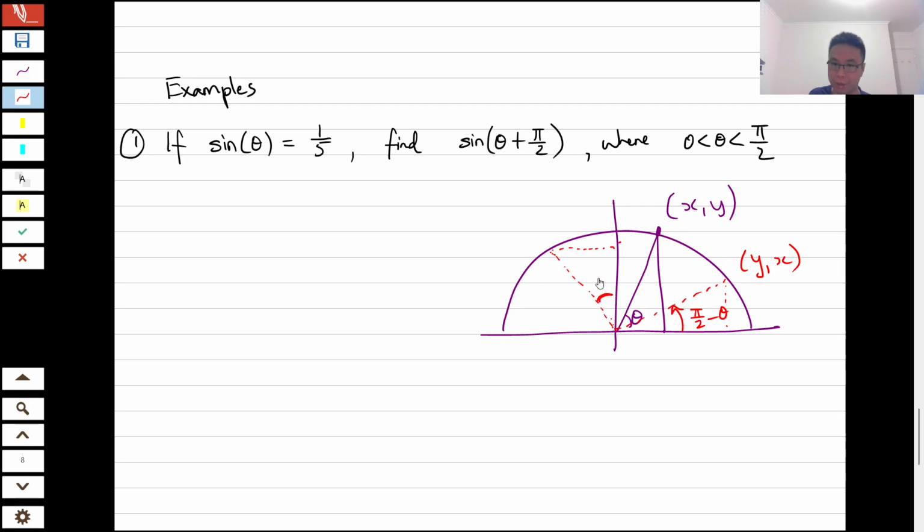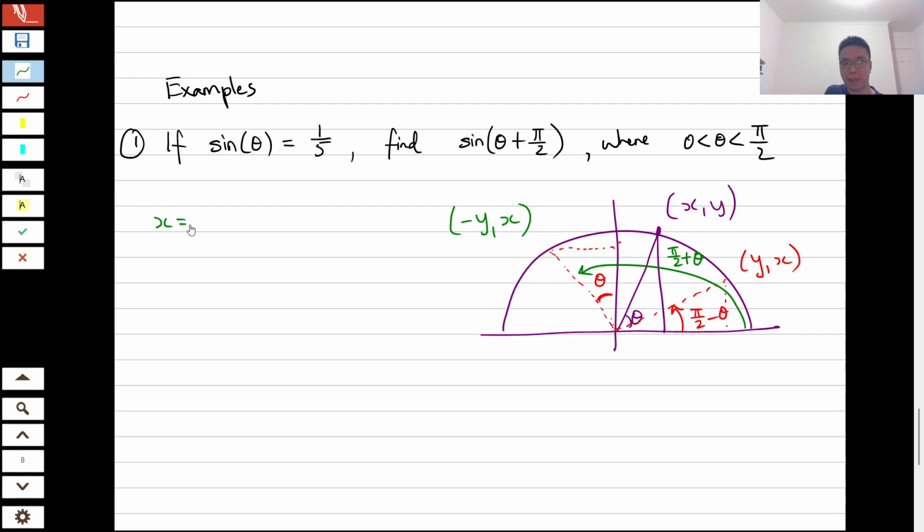Yep, so this angle here is theta. And if I do this in a different color, now I've got pi on 2 plus theta. This is messier than I was expecting, and the point maps to negative y comma x.